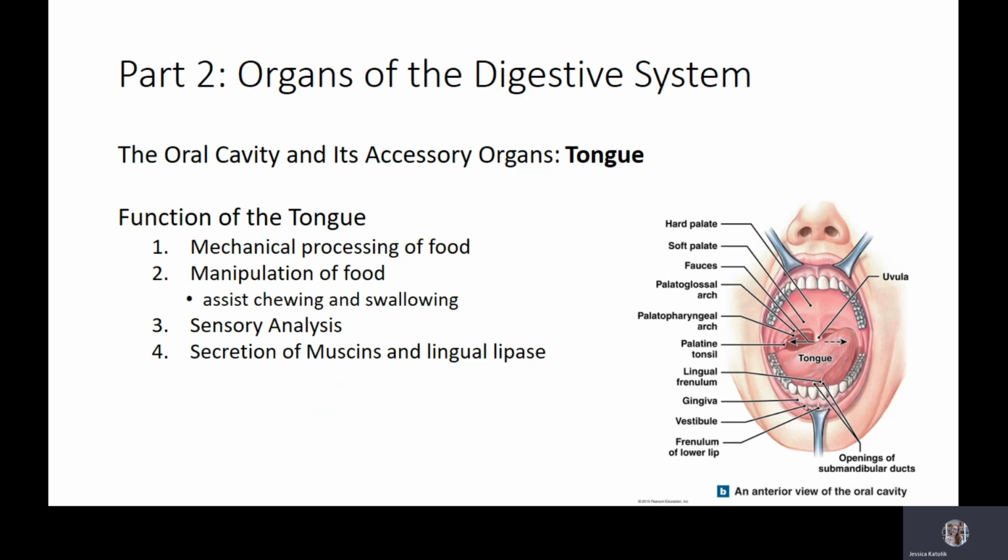And so it's going to feel the texture of food, and it's also going to help process the taste of food. And lastly, it's going to secrete mucins and lingual lipase. So it will lubricate the food and it will start the digestion of food.